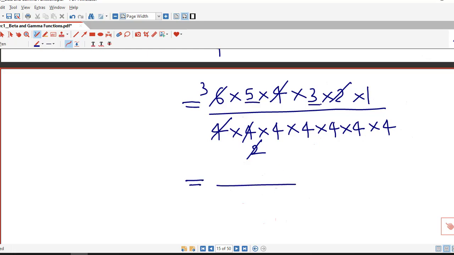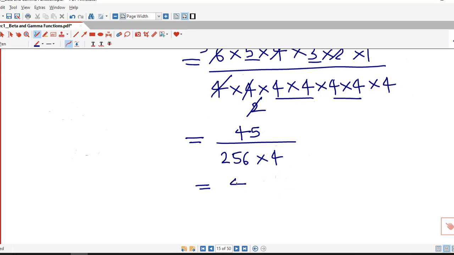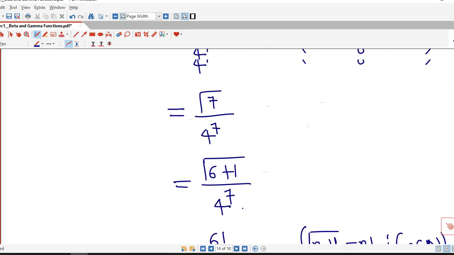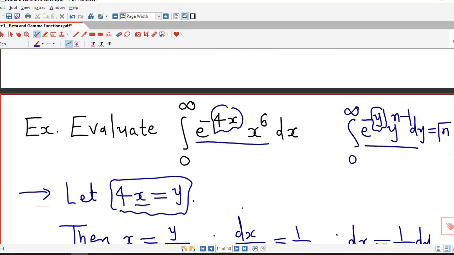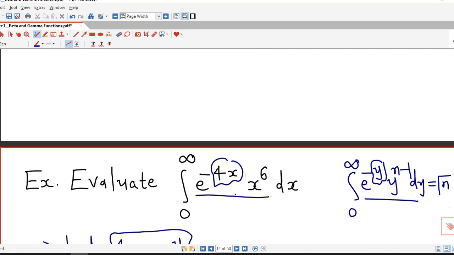This is going to be 5 into 3, that is 15, into 3, 45, divided by 16 into 16, that is 256, into 4, which gives 1024. In this way we can use gamma function to evaluate this type of improper integrals.